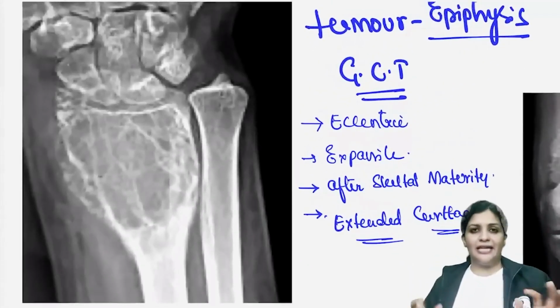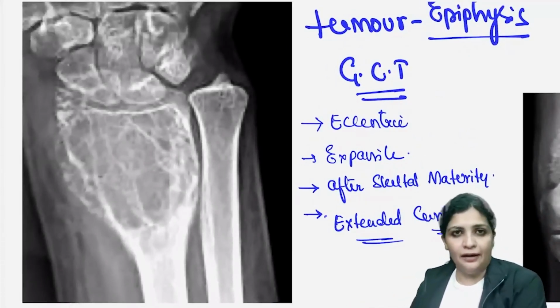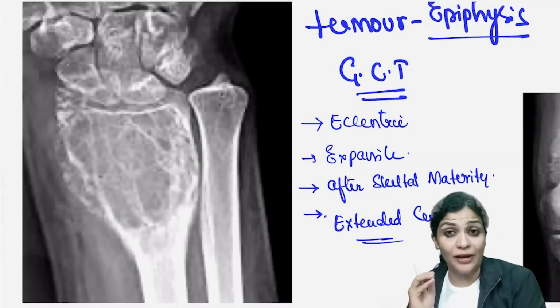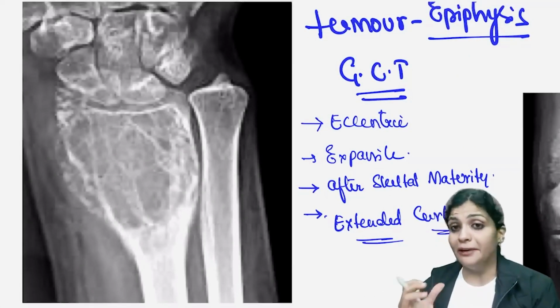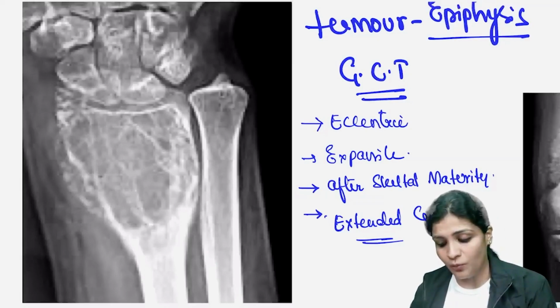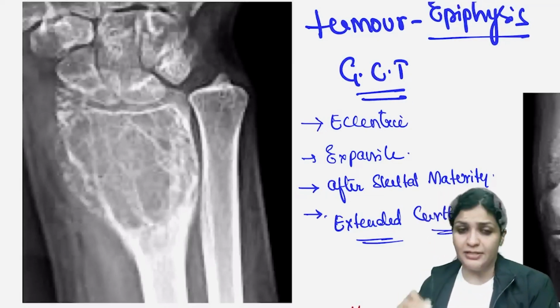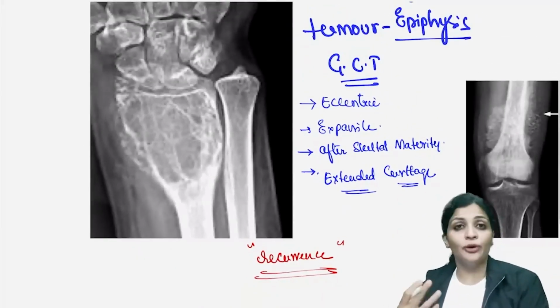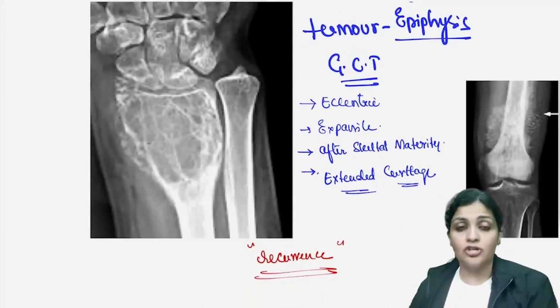Once you see this X-ray in your OPD or somewhere, what do you tell the patient? You tell the patient that this is a very aggressive tumor. What is the meaning of aggressive? That means there is always a chance of recurrence. That means once you treat the tumor, it again comes back. So what do you have to do for it not to come back?